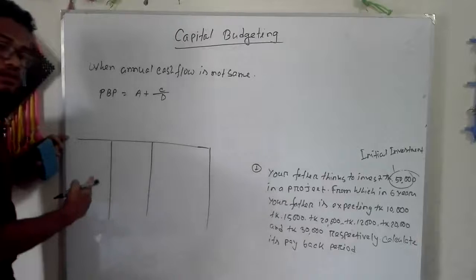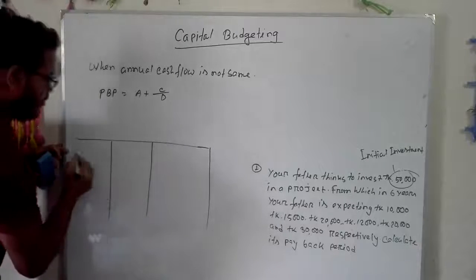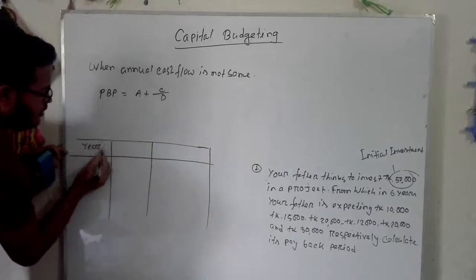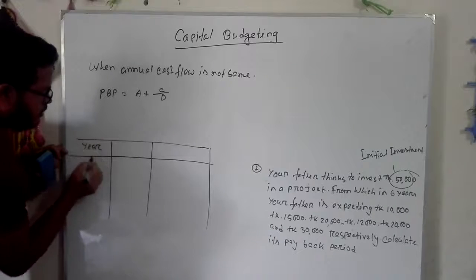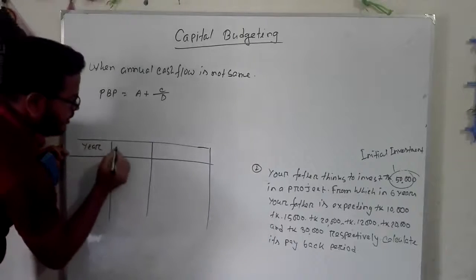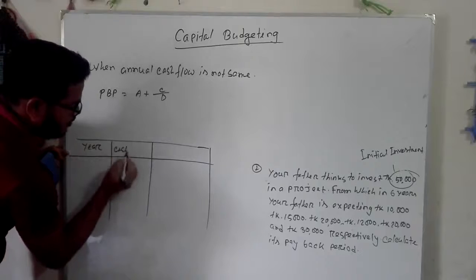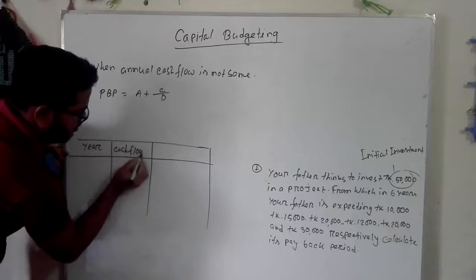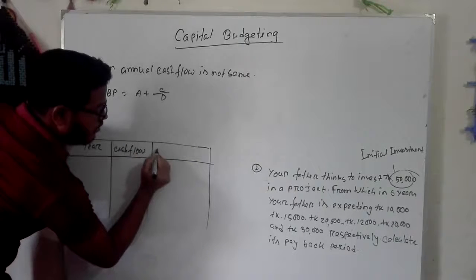You also mention 1, 2, 3 columns. In the first column you mention year, the second is cash flow, the third column is cumulative cash flow.